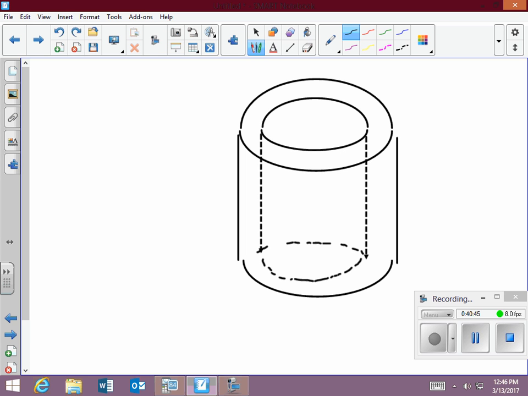From here to here, it's 10, right? And they show this inside, from here to here, it's 8. And from here to here, it's 18.